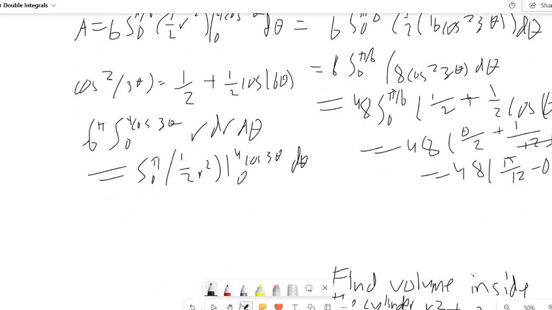And ultimately, you'll get the same result using the same integration techniques here.